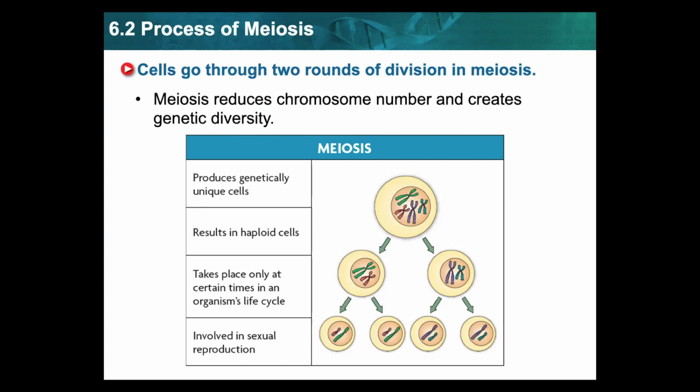Meiosis reduces the chromosome number and creates genetic diversity. What it does is it cuts the number of chromosomes in half. You can see in this picture, you start with 4 chromosomes: a green, red, purple, and blue chromosome. They divide into 2 different cells, and each of those cells now has only 2 chromosomes. So it went from 4 to 2 chromosomes in each cell.